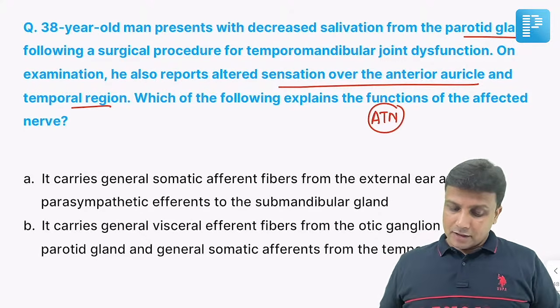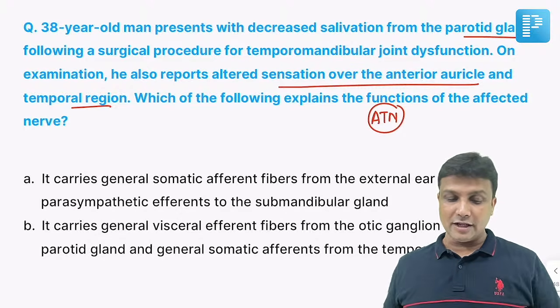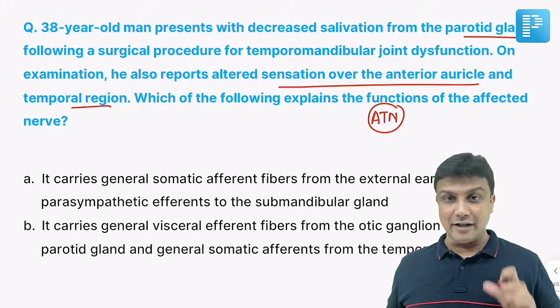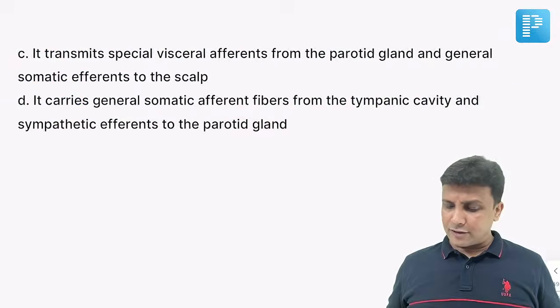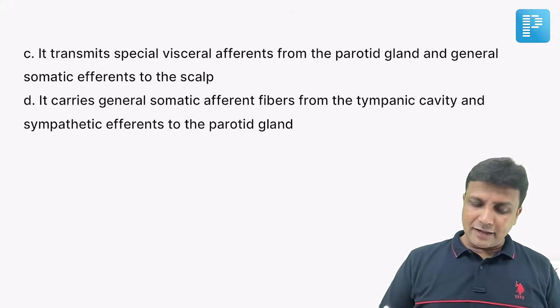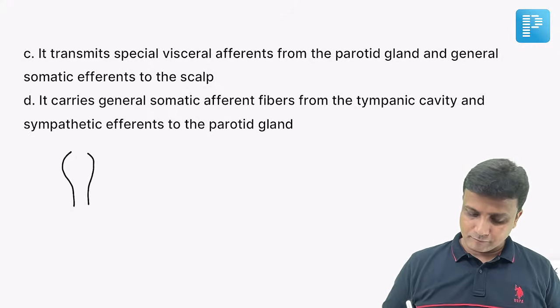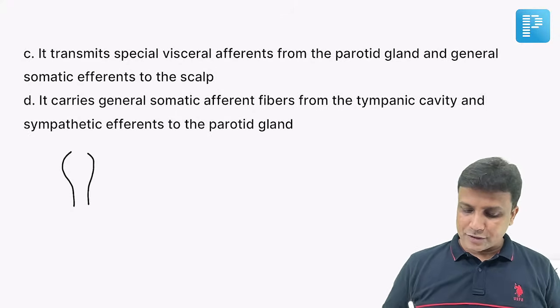Which of the following explains the functions of the affected nerve? First of all, let us recall the supply to the parotid gland. Parotid gland will be supplied by the ninth cranial nerve, which comes out from the medulla oblongata.